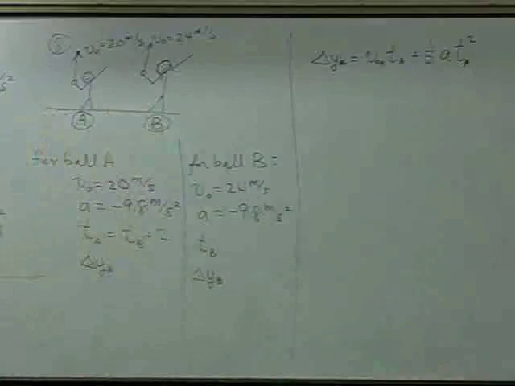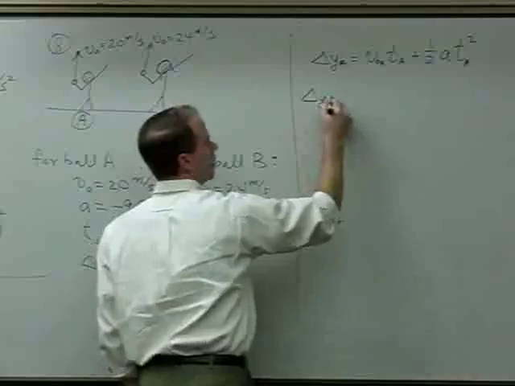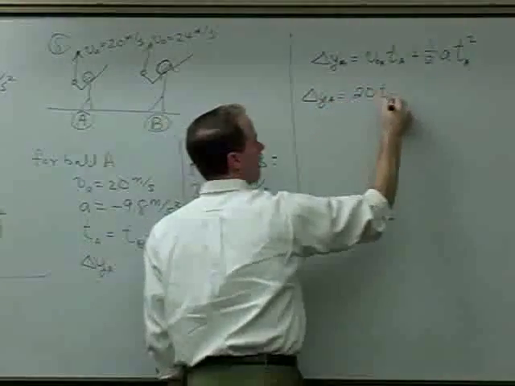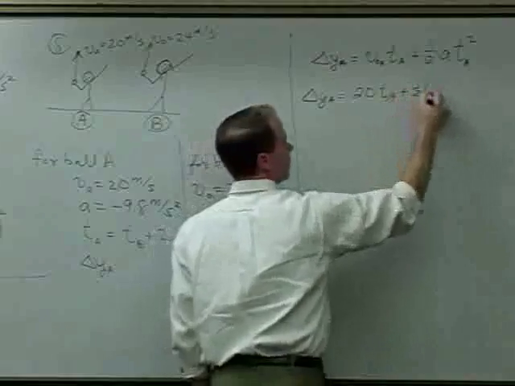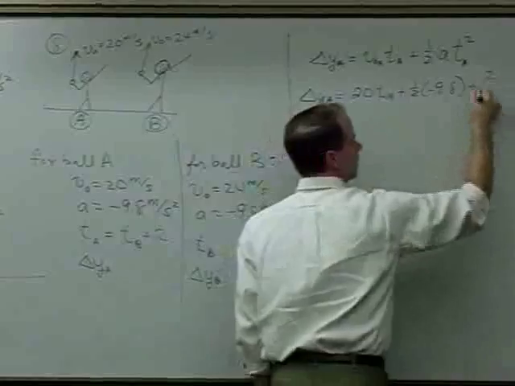Something like that. And so I could say displacement y A is equal to 20 times time for A plus 1/2 times negative 9.8 times time for A squared.